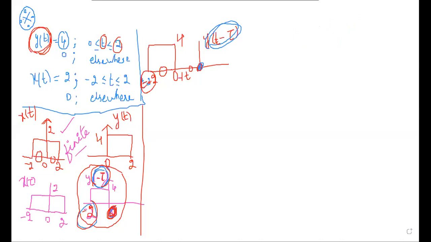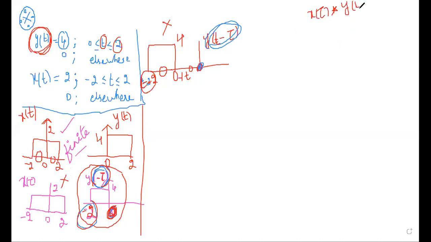So now let me analyze. What I want to do now is perform convolution of x of tau with y of t minus tau, because my convolution formula says I have to perform convolution of x of tau with h of t minus tau. In place of h here, it is y of t minus tau.